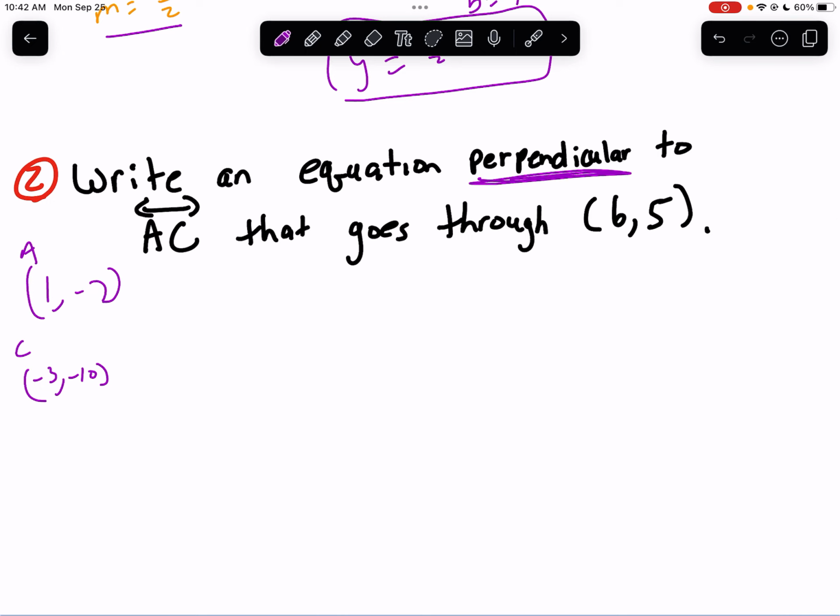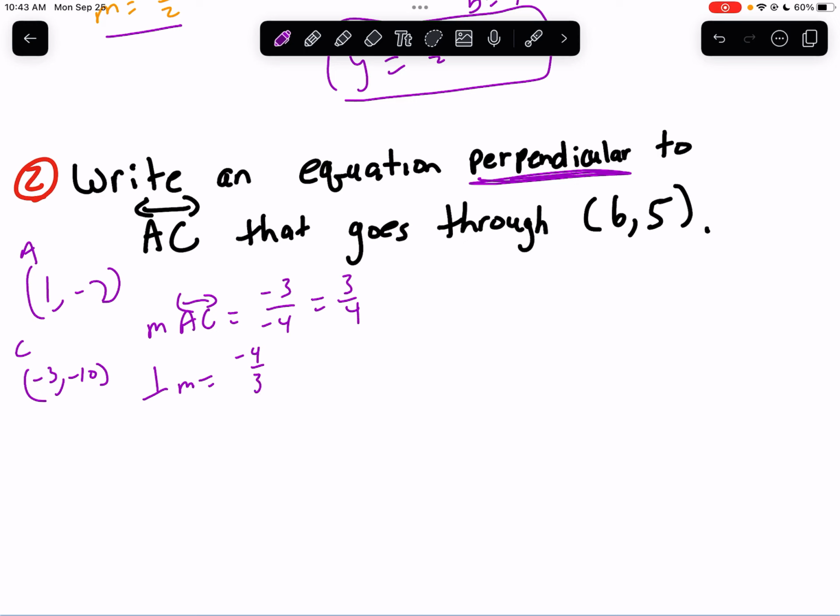So I'm going to get the slope. The slope of AC: negative 7 to negative 10 would be minus 3, and 1 to negative 3 would be minus 4, or positive 3/4. So we know the slope is positive 3/4. The perpendicular slope would be negative 4/3.